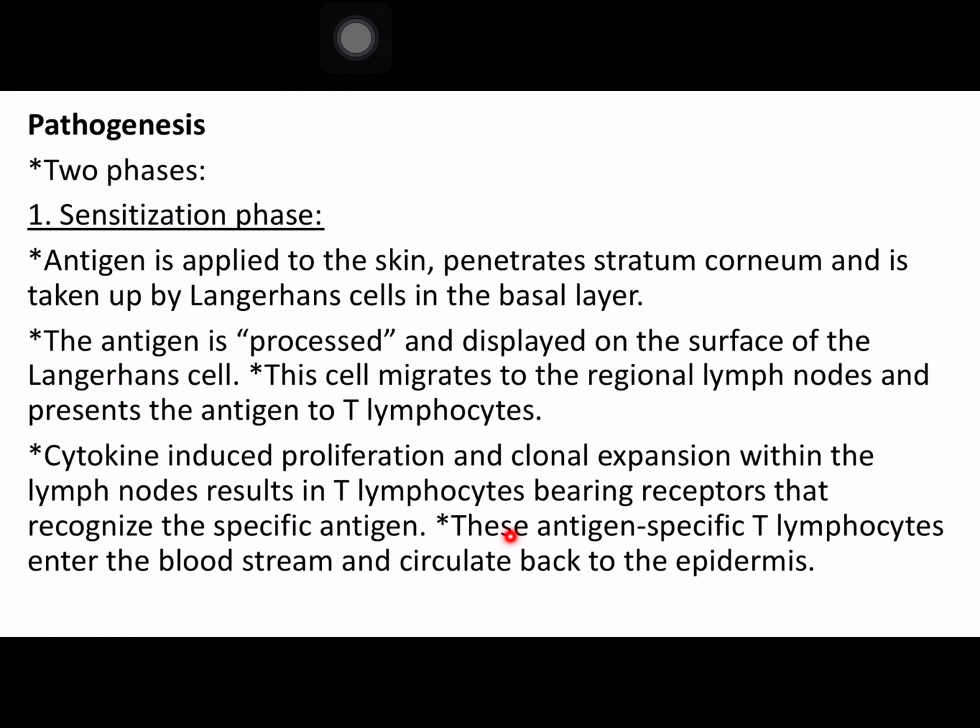This clonal expansion leads to production of memory T cells. Memory T cells know this antigen exactly, and these antigen-specific T lymphocytes enter the bloodstream and circulate back to the epidermis, waiting for another antigen.